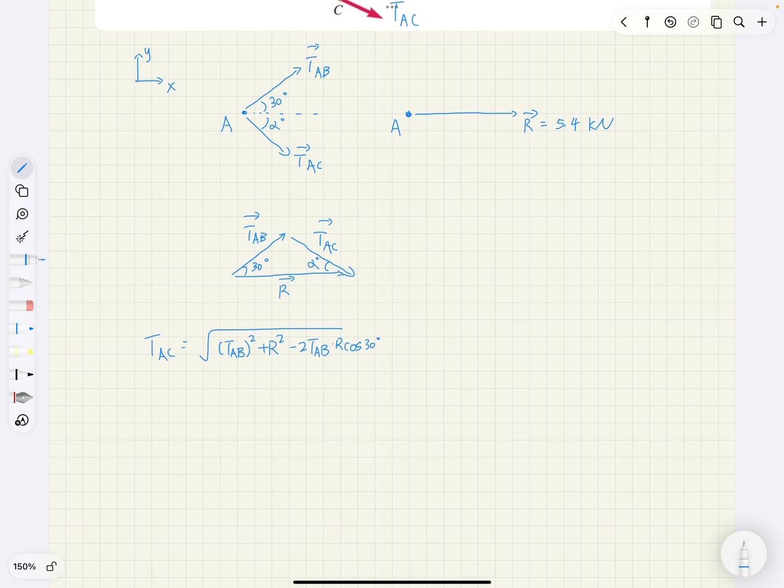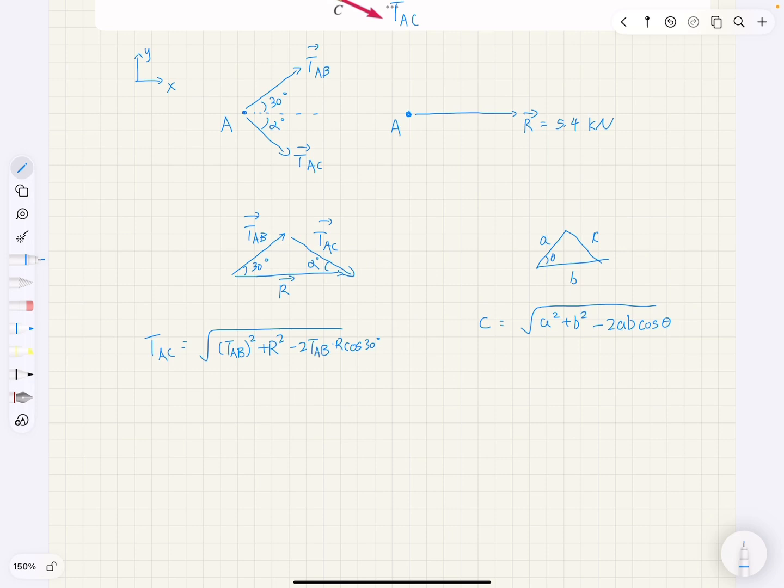Just to recall the law of cosines, C equals the square root of A squared plus B squared minus 2AB cosine delta, where here we have side A, side B, and side C, and here's delta.